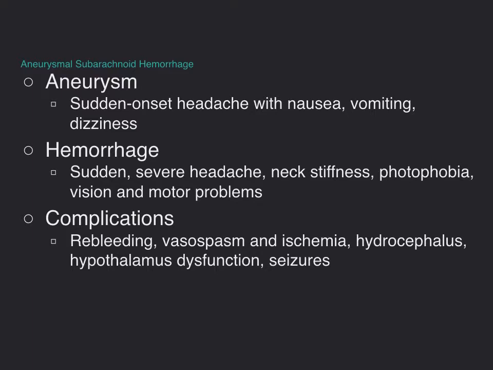This results in vasospasm with cerebral ischemia, hydrocephalus, hypothalamic dysfunction, and seizure activity. Rebleeding and vasospasm are the most serious and most difficult to treat. Rebleeding, which usually occurs on the first day after the initial rupture, results in further and usually catastrophic brain deficits.